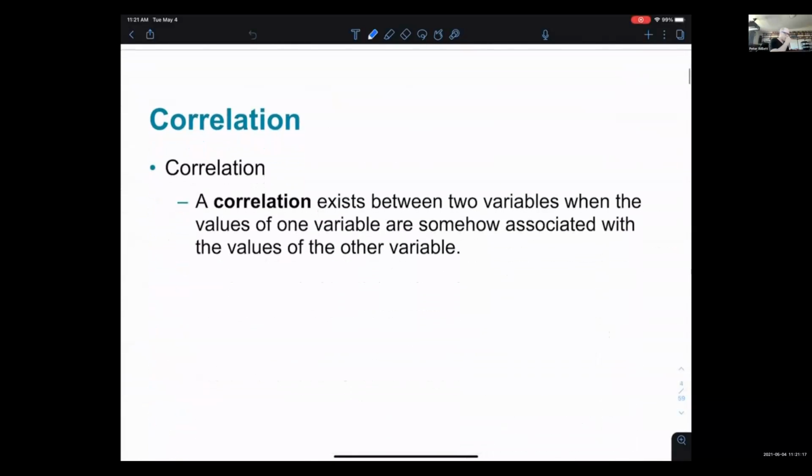We begin with the definition of a correlation. A correlation exists between two variables when the values of one variable are somehow associated with the values of the other variable, meaning that you can imagine that one of the variable values is somewhat predictive of what you'll get with the other one, as opposed to no association, where the values are completely independent from each other. This goes back to the idea we looked at before about whether two variables seem to be totally independent from each other.